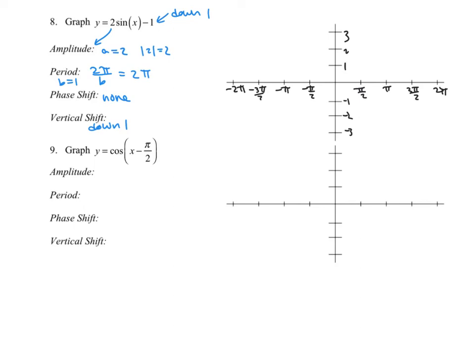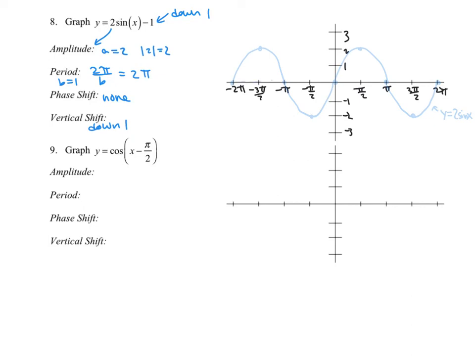The sine function with an amplitude of 2 would still start at the origin, go up 2, back to the axis, down 2, back to the axis, and same thing on the other side. So I'm lightly graphing my function. This would be y equals 2 sine of x. So I haven't applied the -1.